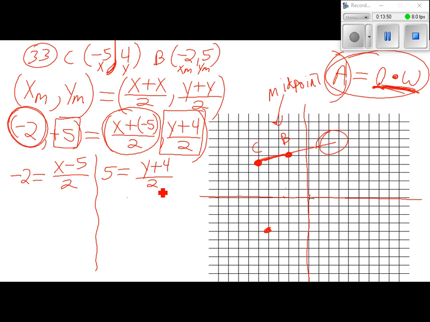Are those things that we can solve? How do you solve this first, the x part? How do we get rid of this big fraction here? Multiply both sides by 2. Multiply that side by 2, multiply this side by 2. What's 2 times -2? What happens with the 2's over here?